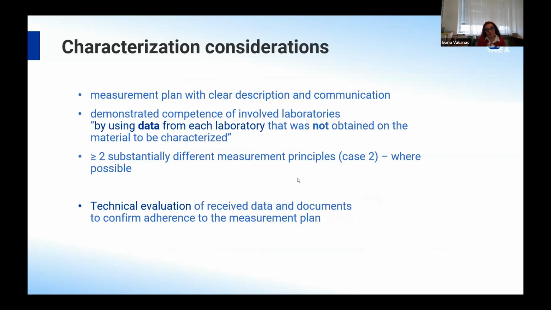Whatever approach is chosen, characterization strategy needs to be well planned. Competence of involved laboratories should be demonstrated, and if the characterization is performed by obtaining results from more laboratories, technical evaluation of received data must be done.